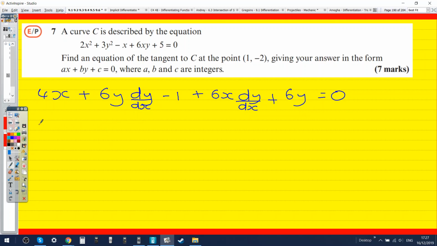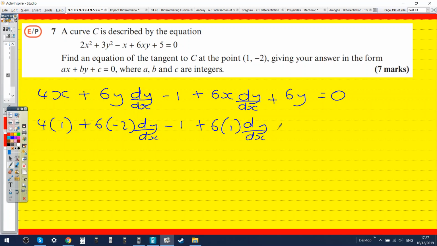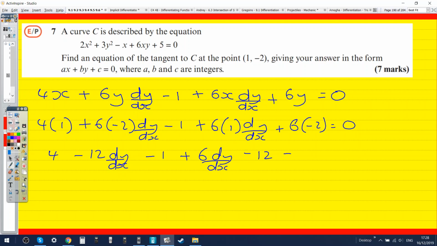Then you have to substitute, so then you get 4 times 1 plus 6 times minus 2 times dy by dx minus 1 plus 6 dy by dx minus 12, so then you have 4 minus 12 dy by dx minus 1 plus 6 dy by dx minus 12, which means you have minus 9 minus 6 dy by dx is equal to 0.